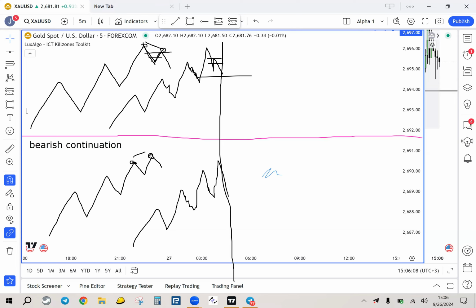However, you can still make sense of it, considering that gold is going to have a pullback, okay? So yeah, it's going down, it's dropping heavily because it has the purpose to rebalance this higher time frame FVG, okay? Now, the other type of bearish continuation divergence would obviously happen in a bearish market, okay?